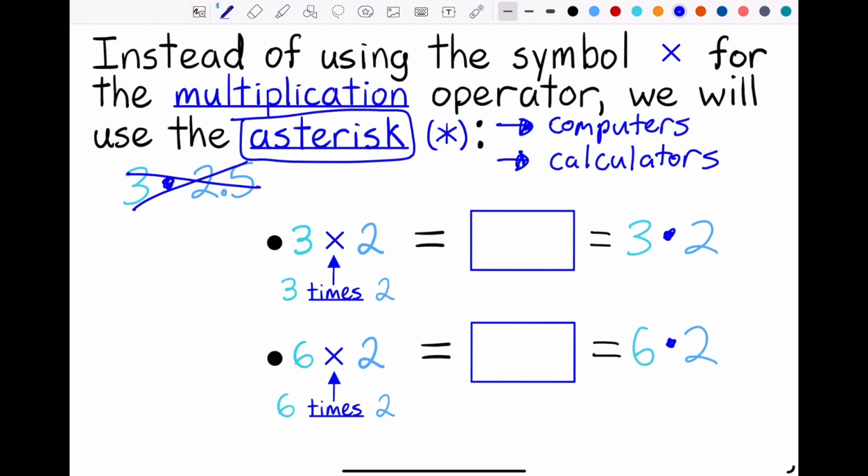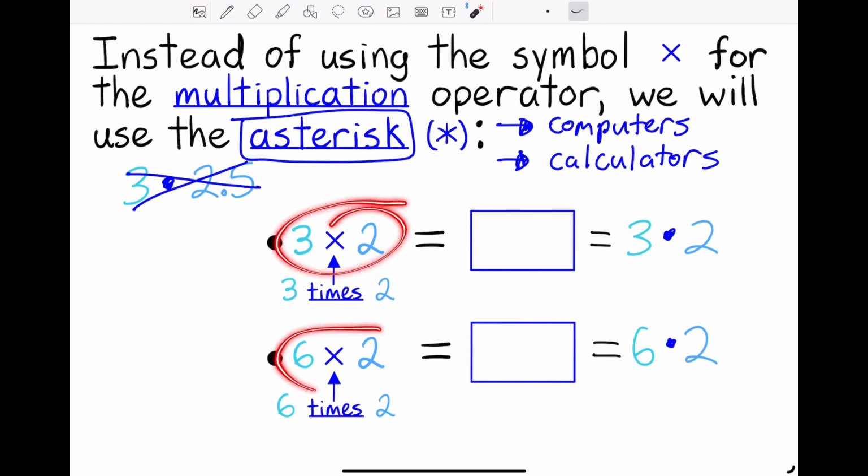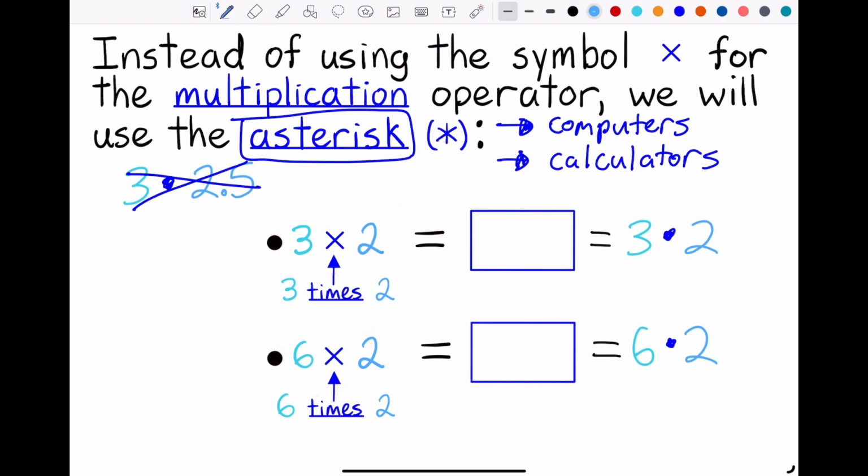We can do the same process with 3 times 2 and 6 times 2. For 3 times 2, we keep the 3 and the 2 the same, just like we did with the dot, and then we put the asterisk in the middle. And the same thing with 6 times 2. Keep the 6 and the 2 and put the asterisk in the middle.